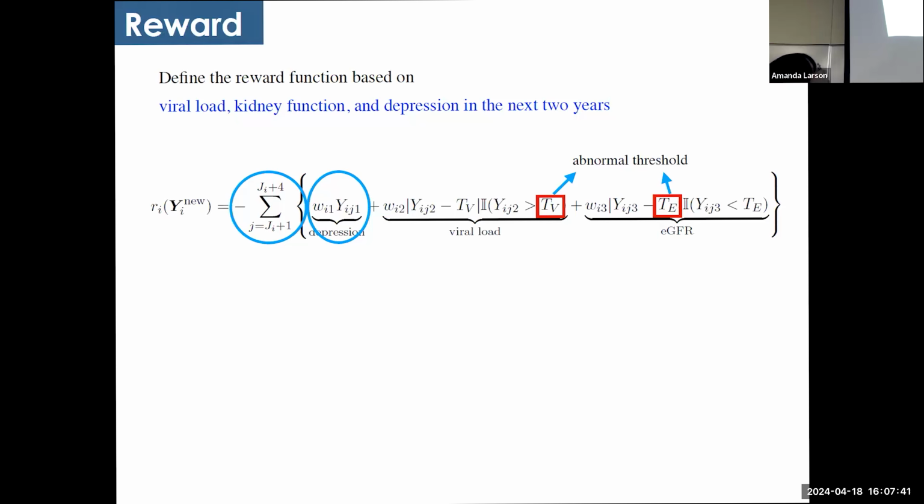So you can see some weight times the difference between your value and the normal threshold. Also we have this personalized weight. We can do the optimization where the weight is defined by the clinician or by the patient themselves. For example, if we have BMI and depression, and this person cares about weight gain more than depression, then you can have a higher weight for BMI.